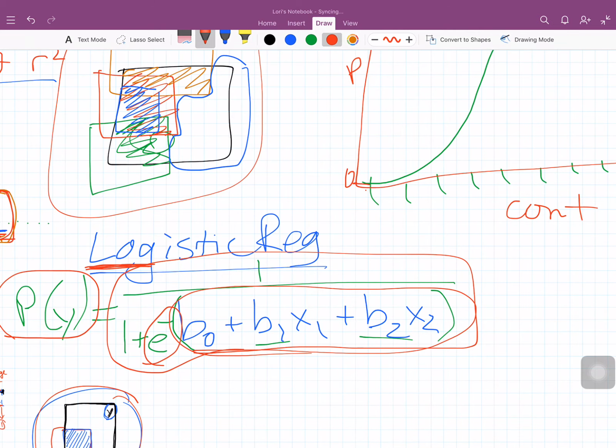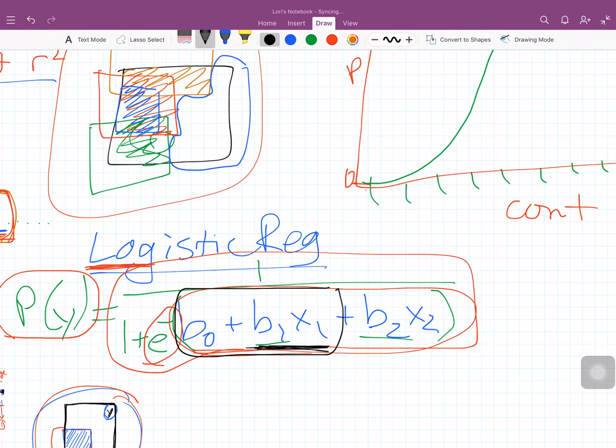So logistic regression is just like multiple linear regression. Technically, and people always ask this question eventually, can I do this if all I have is like a simple linear regression with only one predictor variable? And the answer is absolutely yes.